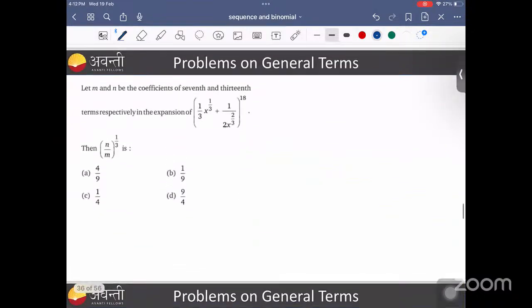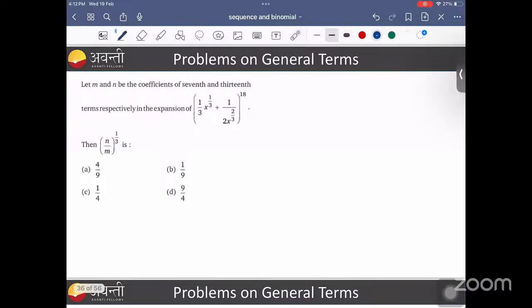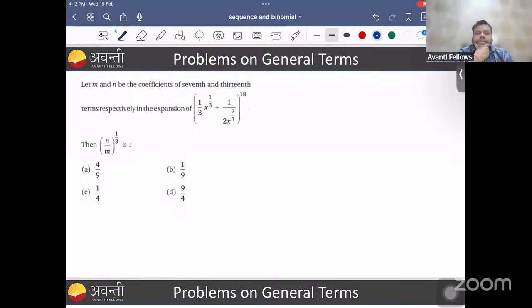Now see a question. Let m and n be the coefficients of the 7th and 13th terms respectively in this expansion. Then find the value of n upon m raised to the power 1 by 3. This came in JEE Mains only one year back. Give it a try. You have a couple of minutes. Give it a try quickly.